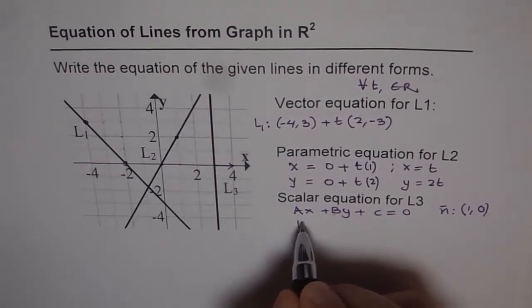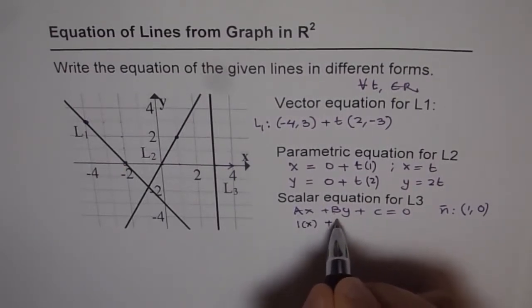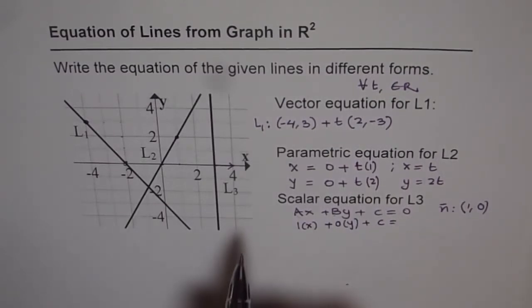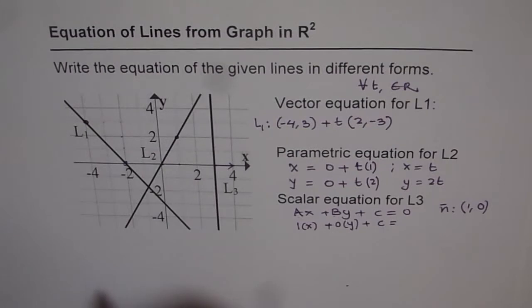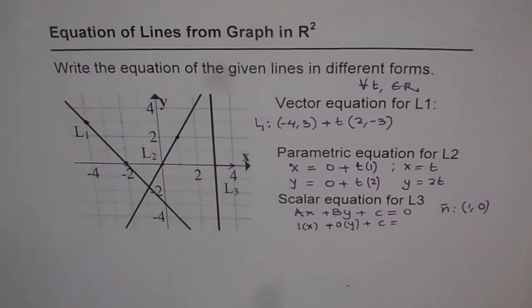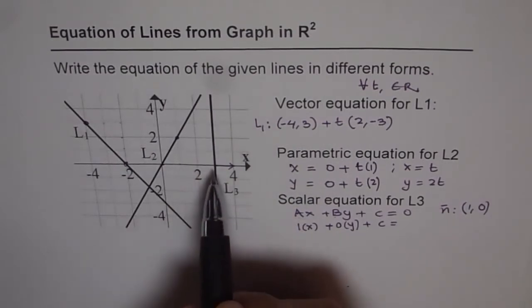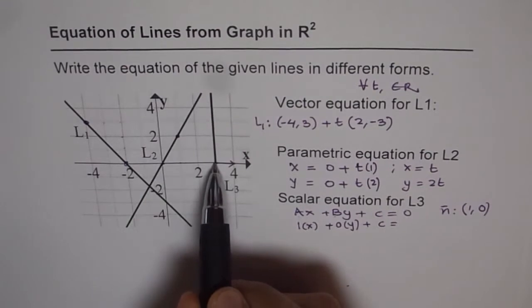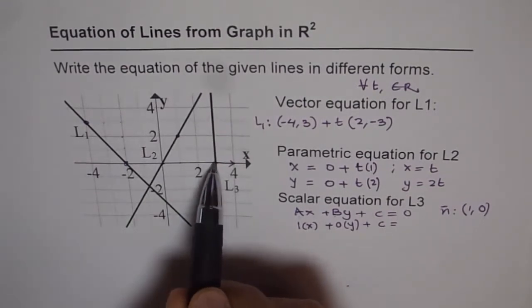So I'll write 1 times x plus 0 times y plus c, which I don't know, but I can select a point on this line and then figure it out, right? So what do I have here? I do have a point. Let's say this particular point has x value 3, right?